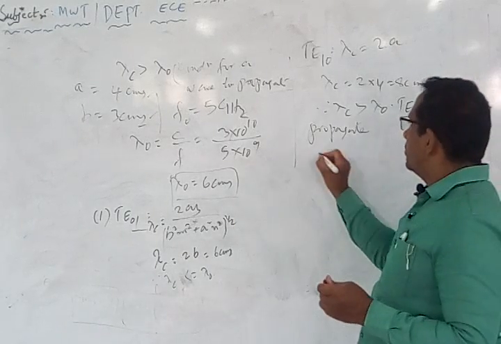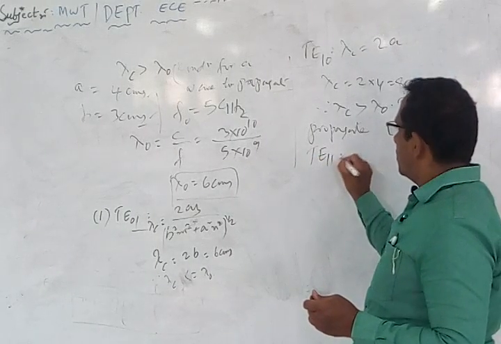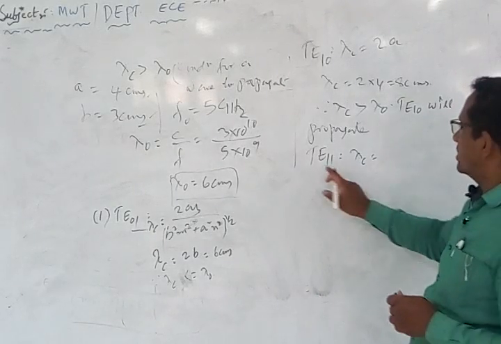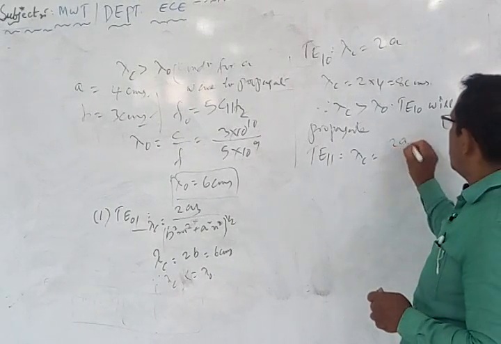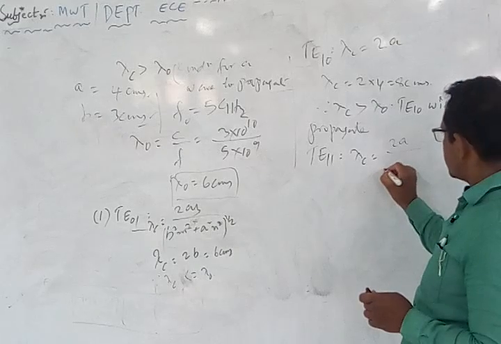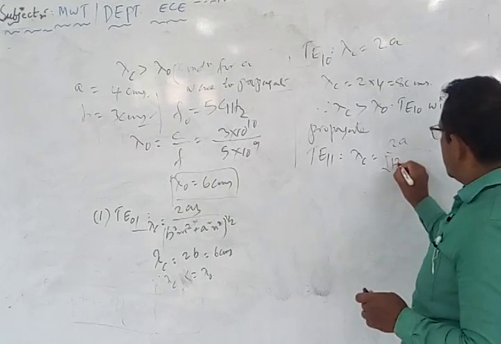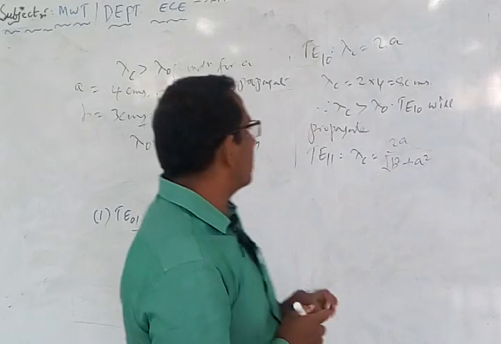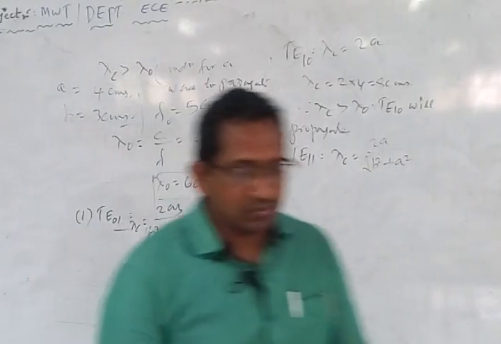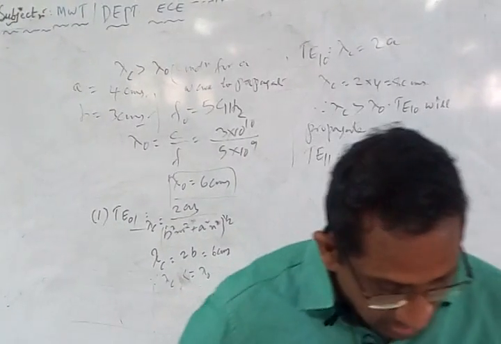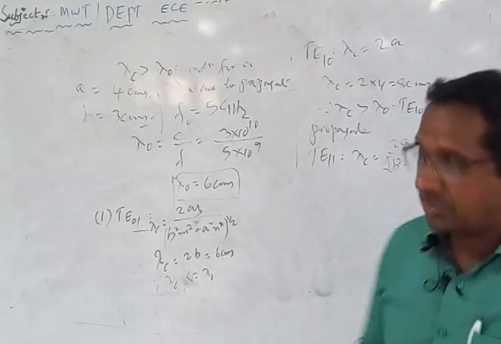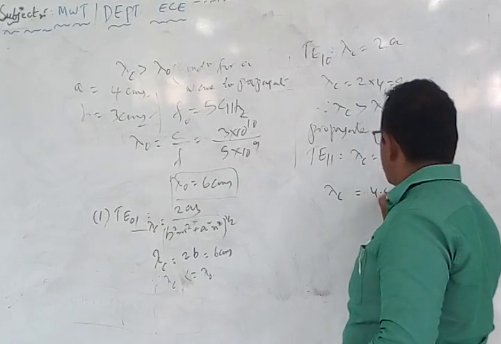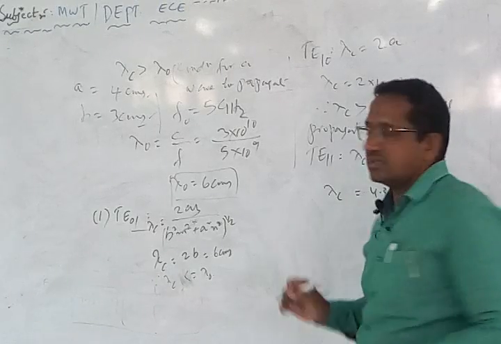Let us look into another mode now, the TE11 mode. In the TE11 mode, M and N are both 1. So I will have 2AB divided by the square root of B squared plus A squared. Substituting the values for A and B and calculating, we get lambda c as around 4.8 centimeters.